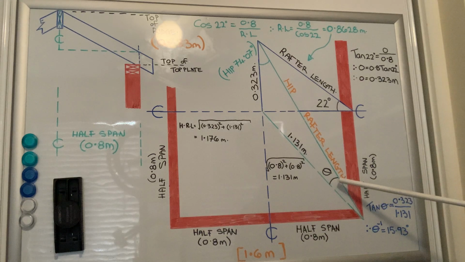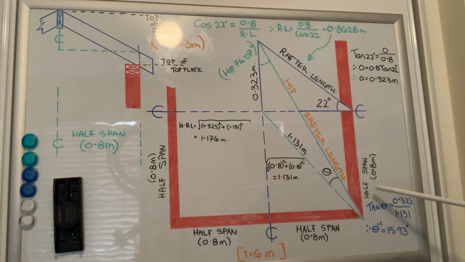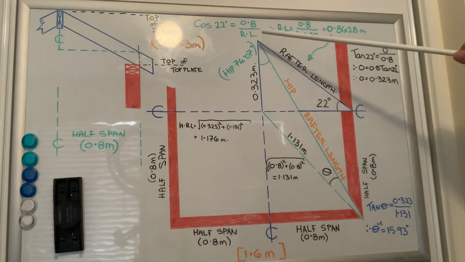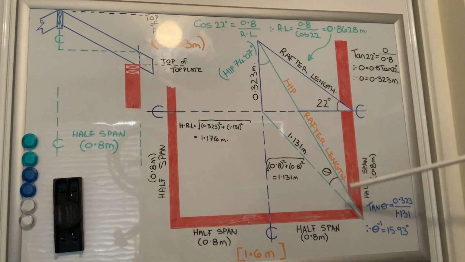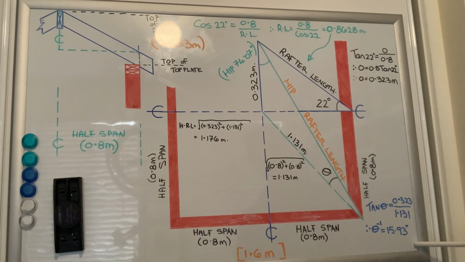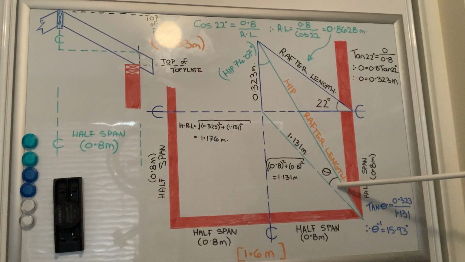Now let's work out our hip rafter angle here. So I said the tan of this angle is equal to 0.323 divided by 1.131. And now the inverse of tan gives us an angle of 15.93 degrees. So that angle in there is in fact 15.93 degrees.